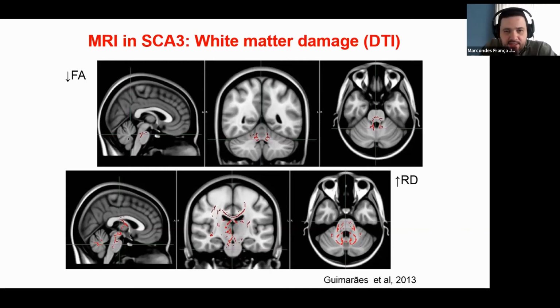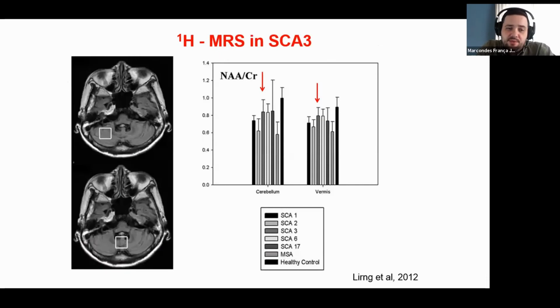Well, looking at the cross-sectional data, we also have some very interesting data about the neurochemistry in these patients. Spectroscopy has been really useful in these patients. In this study published some years ago, you can appreciate the results of the concentration of NAA against creatine with voxels placed in the cerebral hemisphere and also in the vermis.